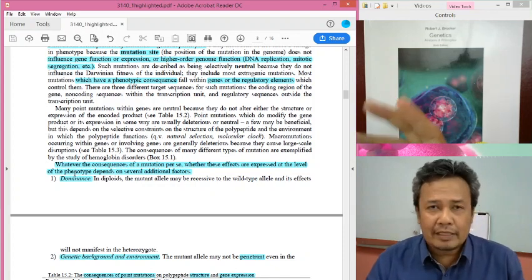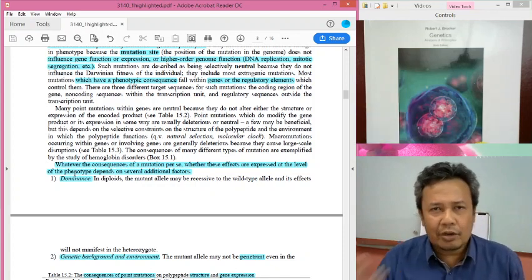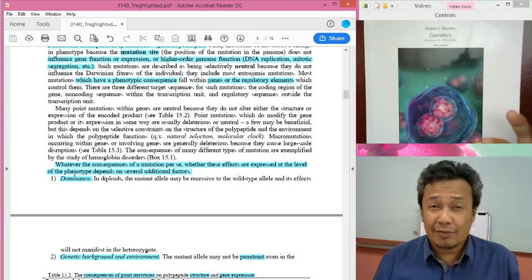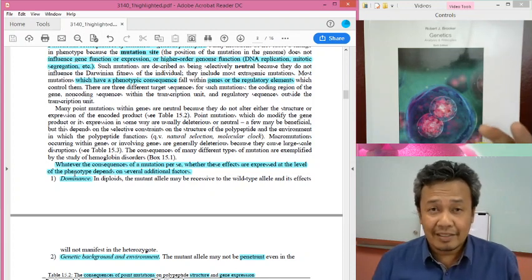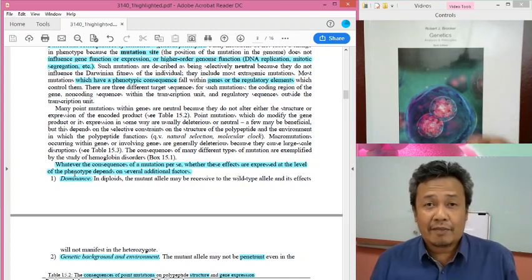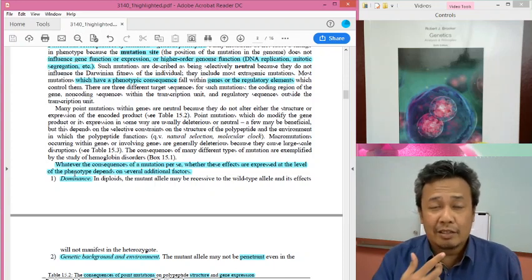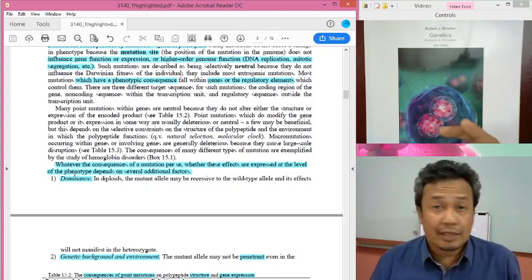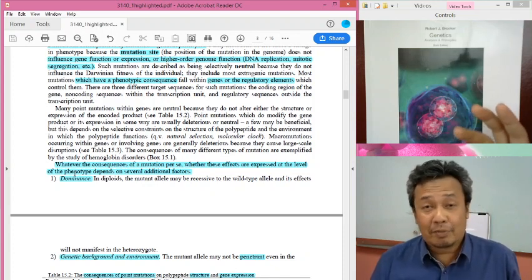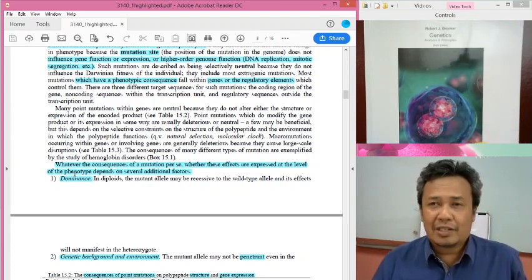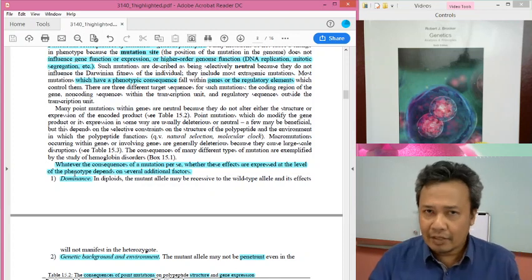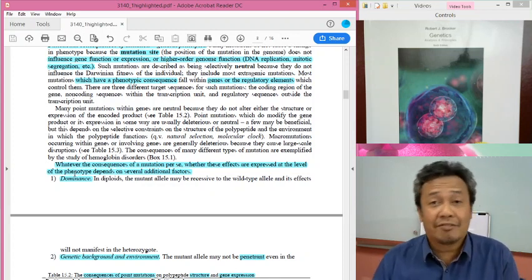Okay, let me give you an example. If there's a mutation that changes your eye color, it doesn't give you any overall problem with fitness. You're still okay, correct? If you have a mutation that turns you from a person who can roll your tongue into somebody who cannot, it still doesn't give you any problem with fitness. So with that kind of mutation, you would expect to see phenotype changes, but not necessarily changes in fitness.